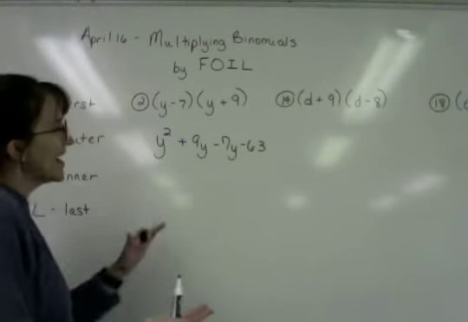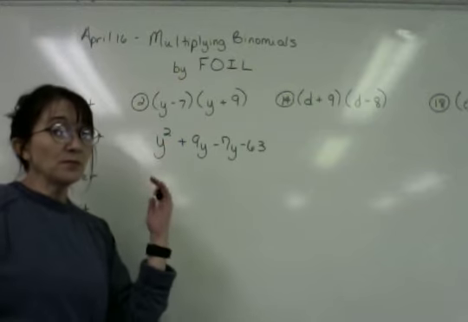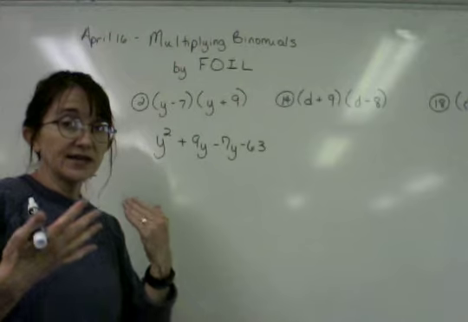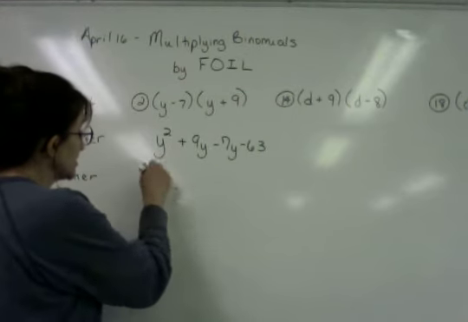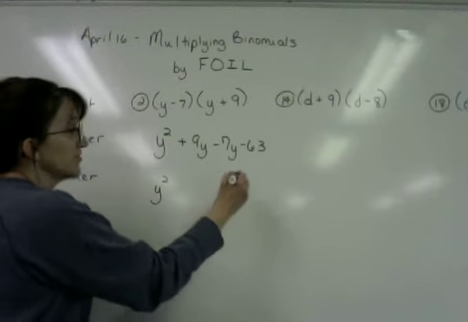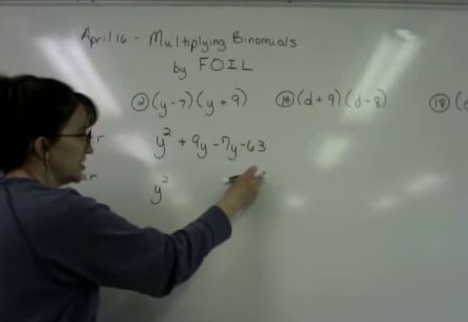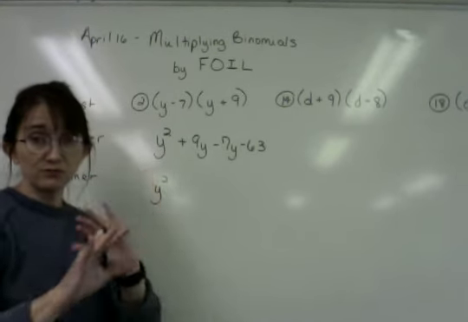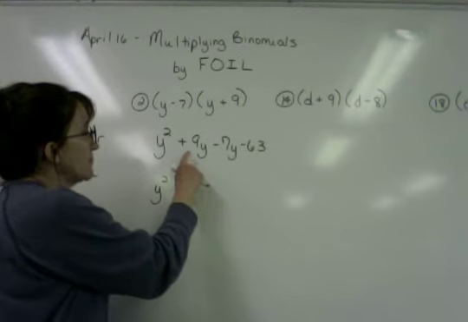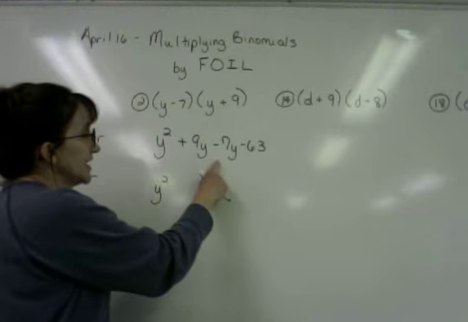So, am I finished with this? I'm not, because I have to put together like terms. Well, this y squared is all by itself. There's not another constant in here either, but we'll move that down in just a second. But right here, I have a positive 9y and a negative 7y.